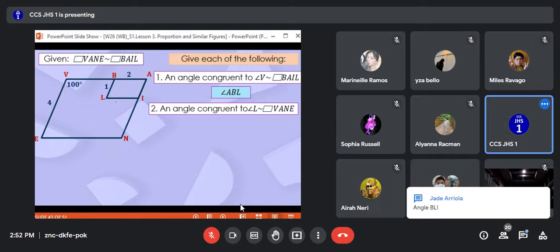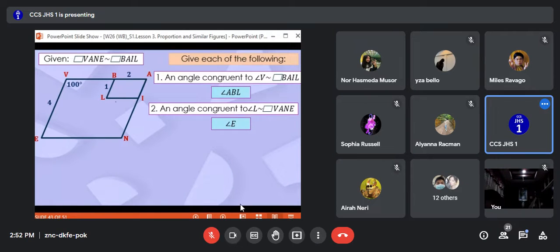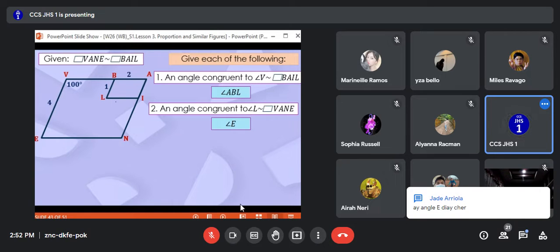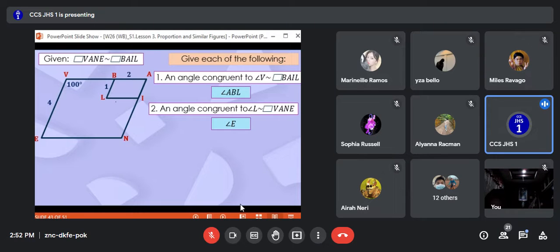Angle BLI. BLI? What I mean is the angle congruent to angle L, which is found in parallelogram VANE. BLI is an angle in the parallelogram BAIL. We're going to look for an angle in parallelogram VANE, angle E.